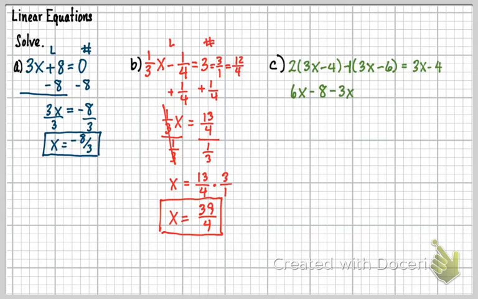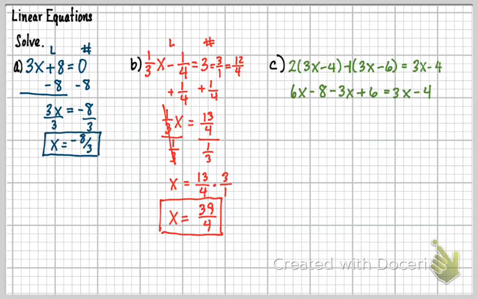Okay, and then for the next one, that's going to be a +6 because a negative times a negative is positive, and 1 times 6 is 6. And then on the other side, I have 3x minus 4. Now, if I look at the left side here, it's still not as simplified as it needs to be because I have 2 x terms, and I also have 2 number terms on the left side.